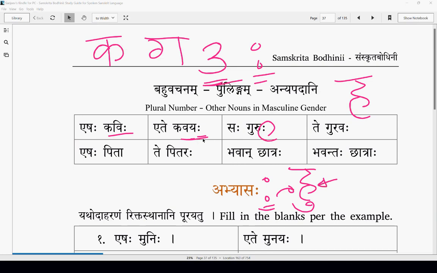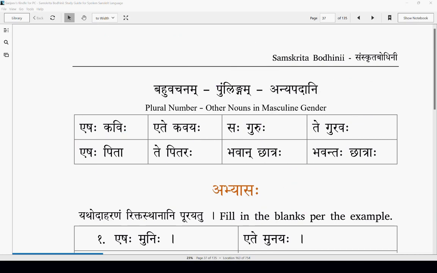Sorry? I'm pronouncing Kavi. Kavi. So what you can try is ka, vi is there and the visarga is there. So now this ending sound is e here. So you can try first saying he.